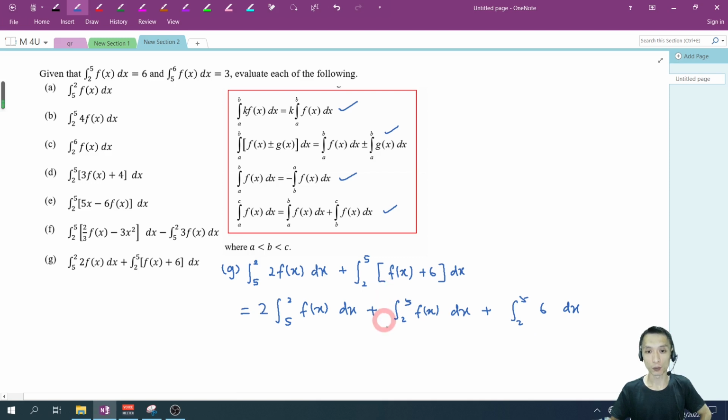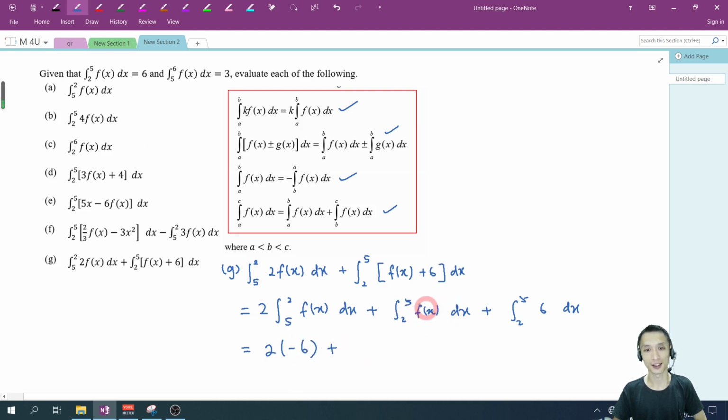Here actually you should put a parenthesis, but since this is a positive sign, you don't have to put a parenthesis. It won't affect the answer. So this is 2. How about the answer for this one? 2 to 5 is 6. Now this is 5 to 2, we can just write negative 6.